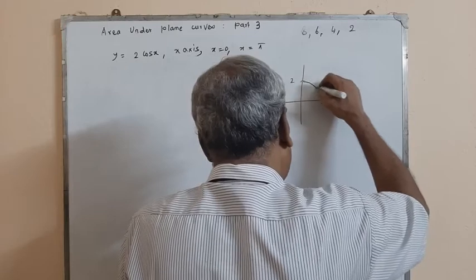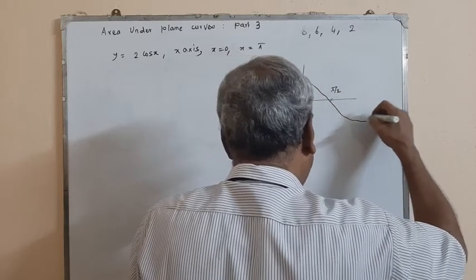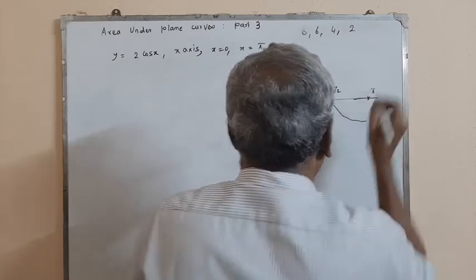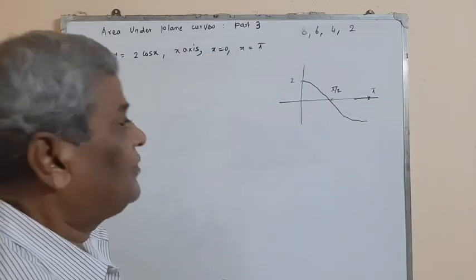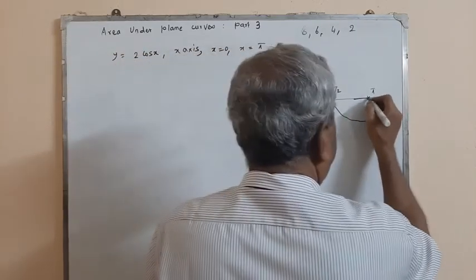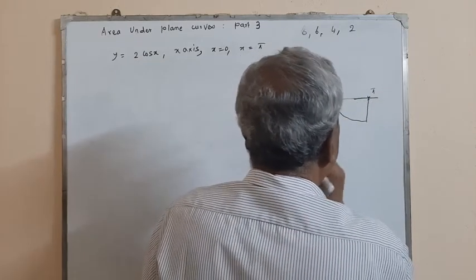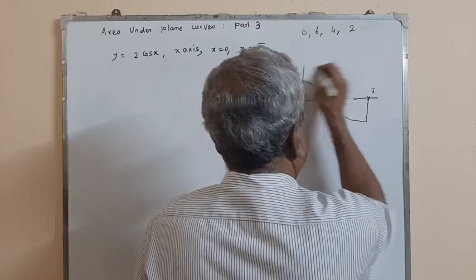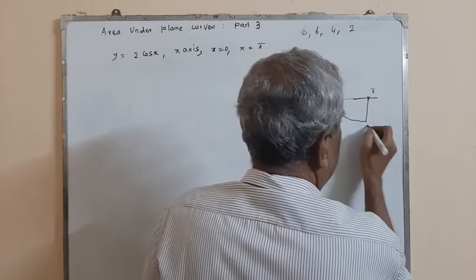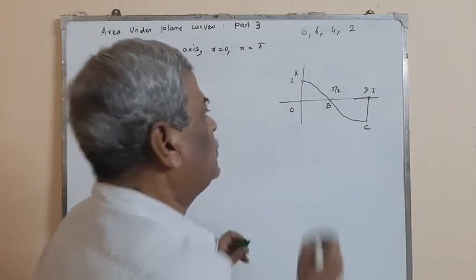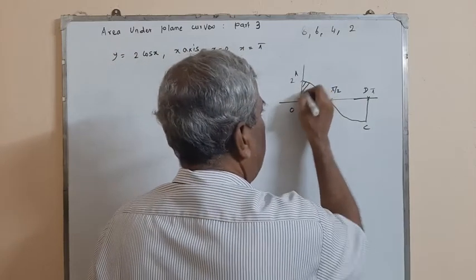So the curve is like that at pi. Suppose the curve is A, B, C, D. So the total region is this.